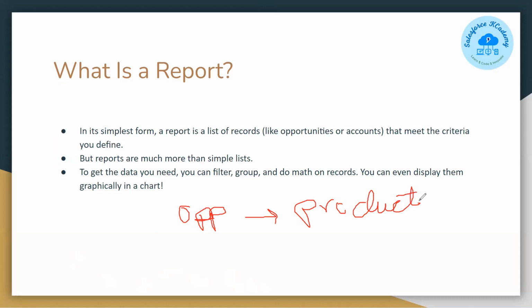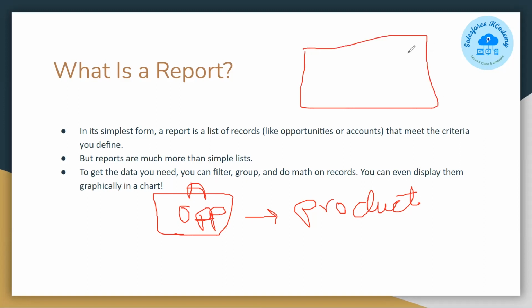Each opportunity will have a certain product on which we are doing the negotiations or the deal. So if I want to create a report type where I want to filter the opportunities, this is my primary object, A object. I want to do the filter on this opportunity object, and I want to create a report.